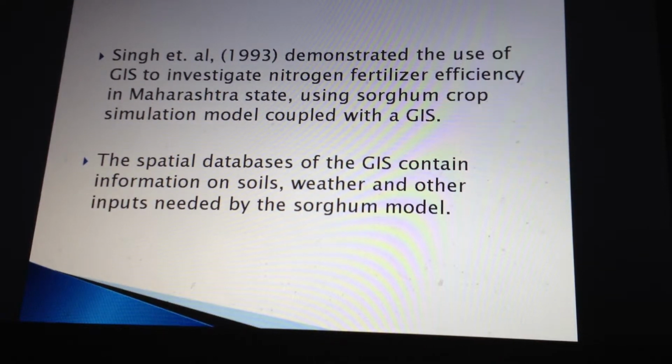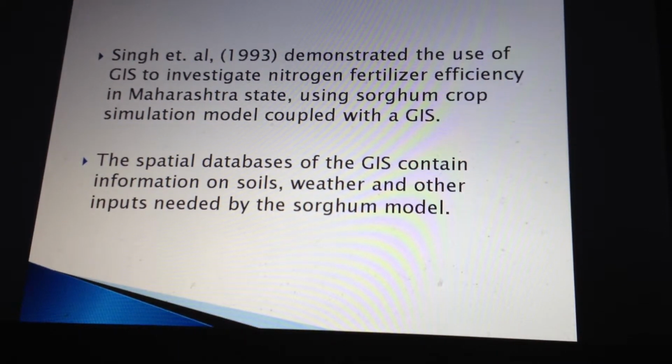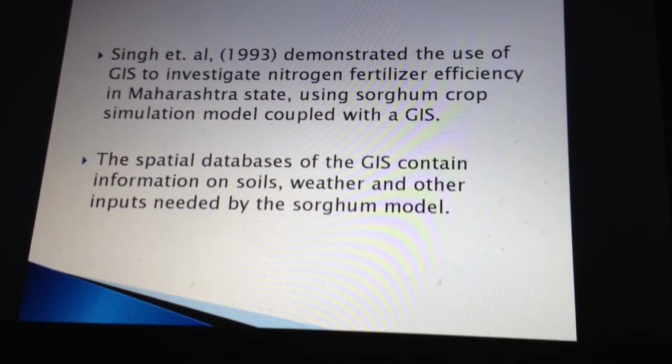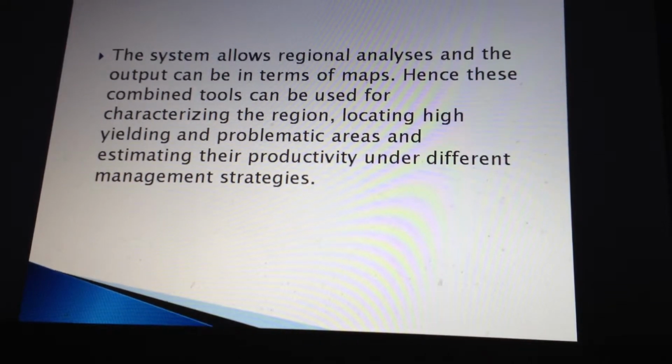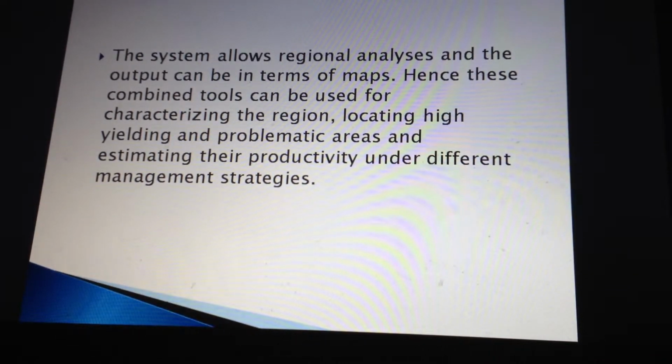The spatial databases of the GIS contain information on soil, weather, and other inputs needed by the SORGRO model. The system allows regional analysis, and the output can be in terms of maps.